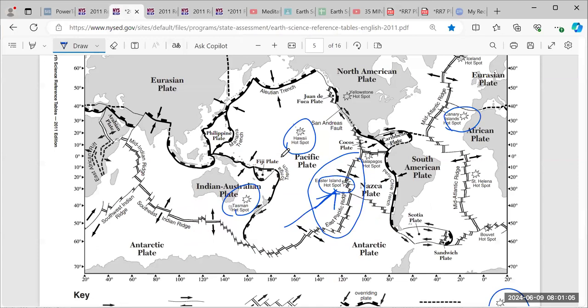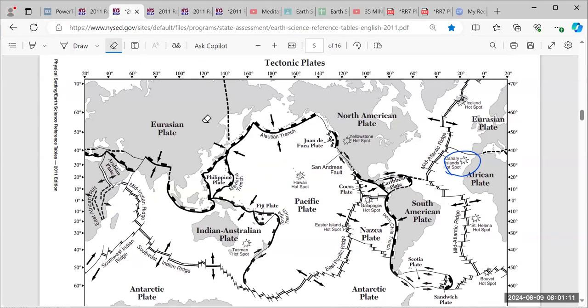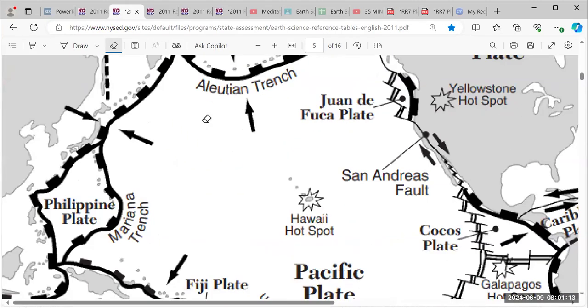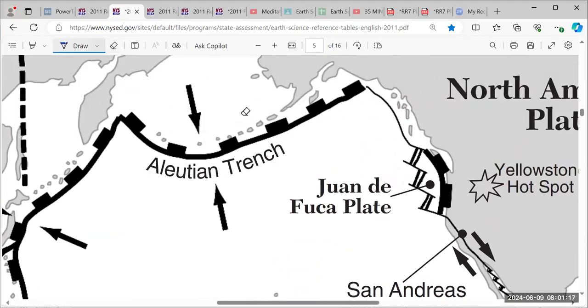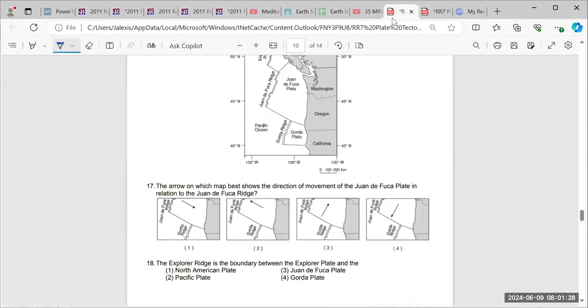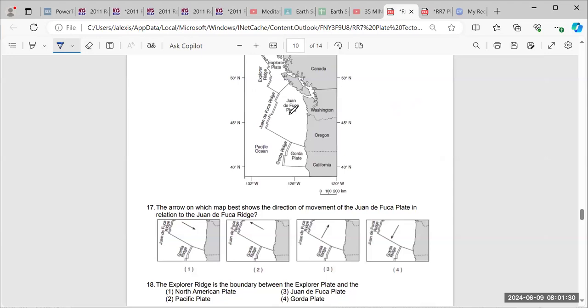I'm going to find the Juan de Fuca plate. When I zoom in, here is the Juan de Fuca plate, and this is the northwestern Juan de Fuca plate. This boundary is right here because the map says the Juan de Fuca plate is right here.